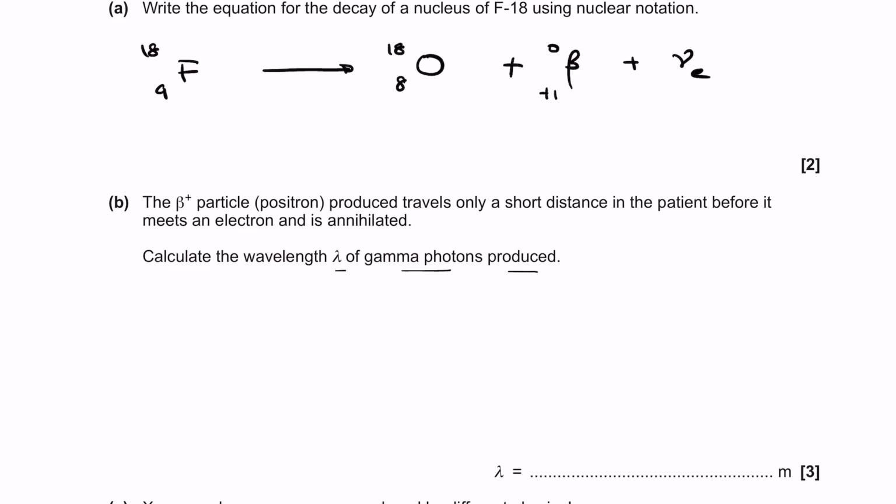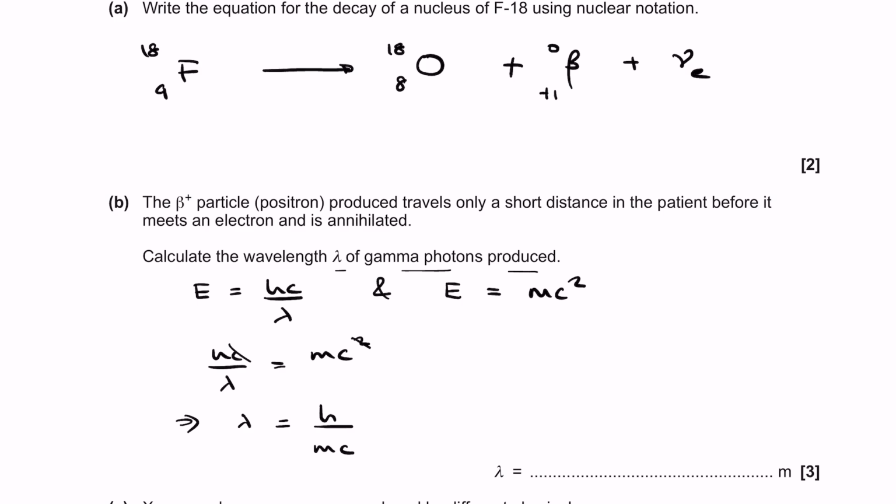So we know that E equals hc over lambda, and we also know that the rest mass energy of the electron is mc squared, and so these two are equal to each other as energy is conserved, and we can say that since hc over lambda is mc squared, we can cancel out the c, and then lambda becomes h over m times c. So we've been given everything, and we can use all the constants and get our answer as 2.4 times 10 to the minus 12 meters.